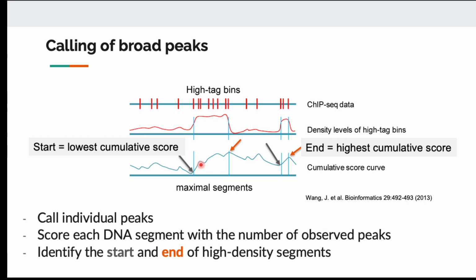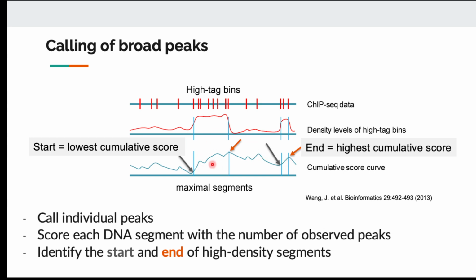Because of the way we calculate the cumulative score, the lowest point is going to be the start of a high frequency region, and the highest point is going to be the end of the high frequency region. So we can use this algorithm, calculate the cumulative score, and then find the maximum and the minimum, and say that the region that goes from minimum to maximum is my one peak, and this is another peak.